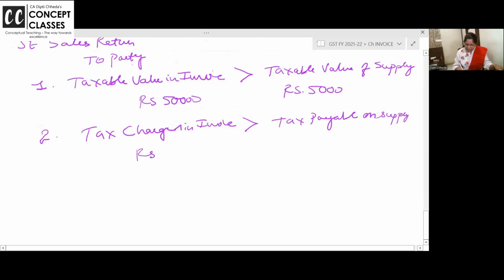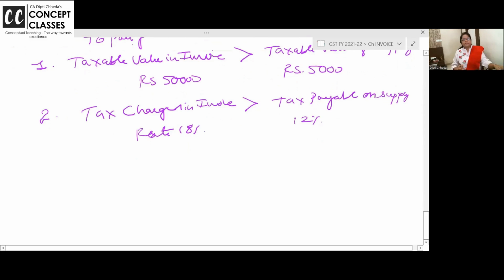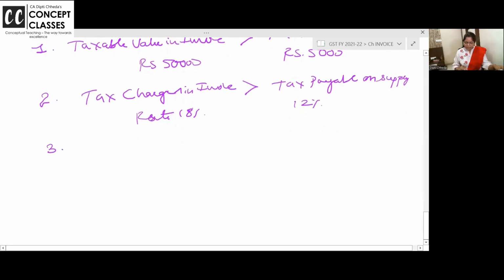You have done the billing at the rate of 18%, whereas it should be 12%. 18% रेट कर दो, जबकि रेट तो है 12%. Next, where the goods supplied are returned by the recipient.